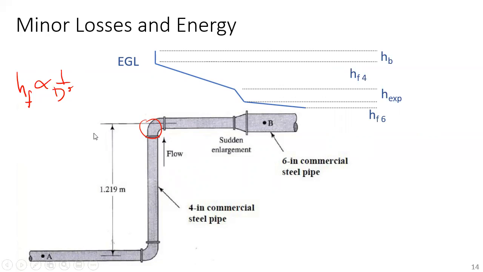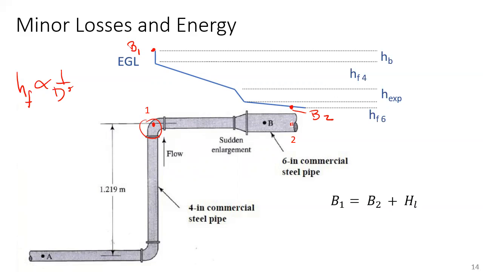And the synthesis of all of this, if we selected point 1 at that upstream bend, flow is left to right, and point 2 is at the downstream end of this system, we are equating the total energy, B1, to the total energy at B2. And they're obviously not at the same elevation.